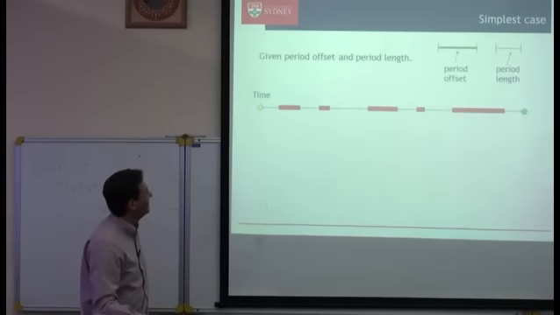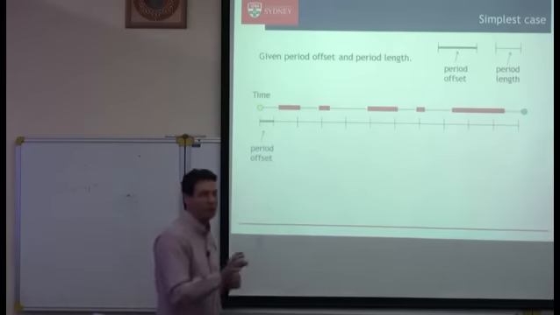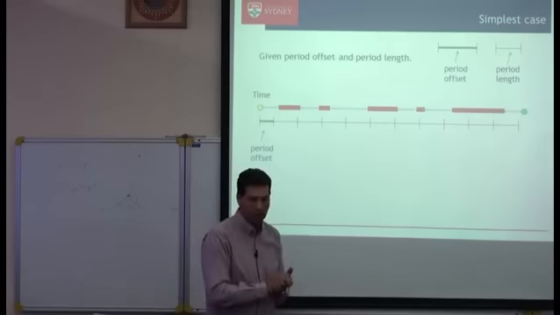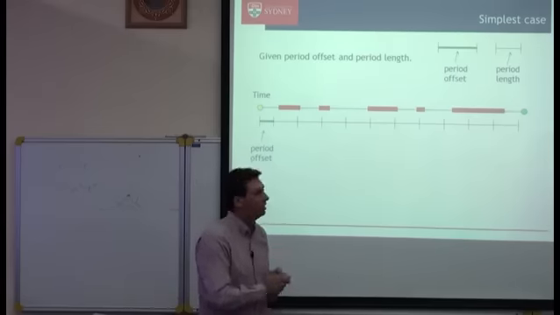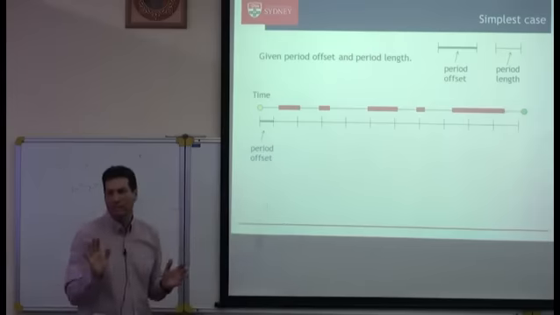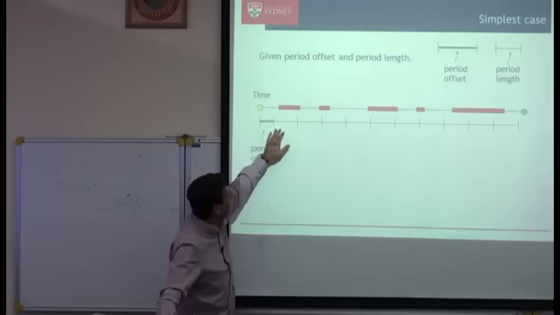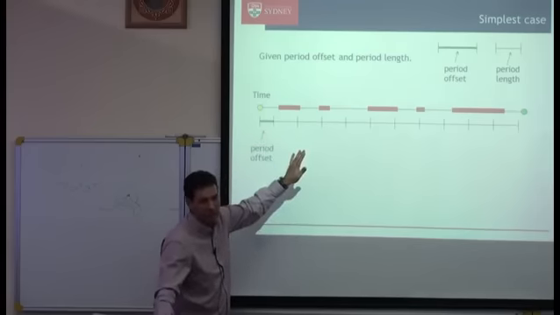Okay. So let's look at the very simplest case. I'm given the offset, so I know when you start. I know the first time you do this, and I know the period length. So this is by far the easiest case, because then everything is fixed.